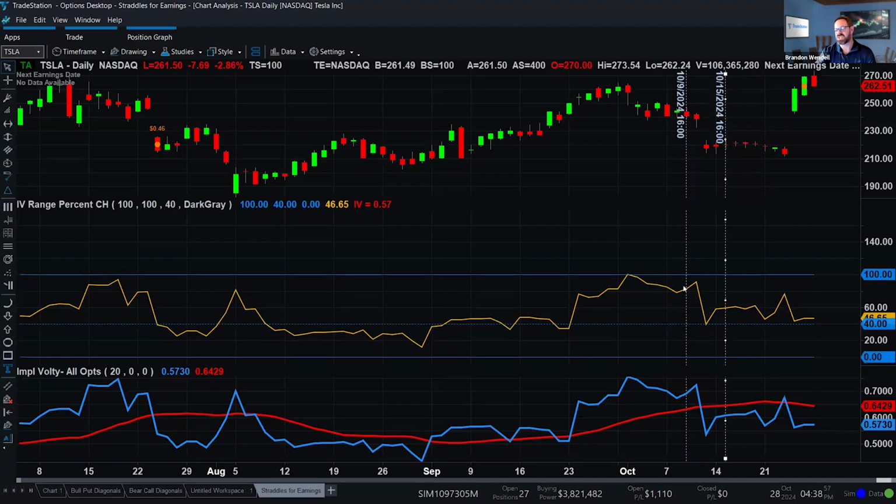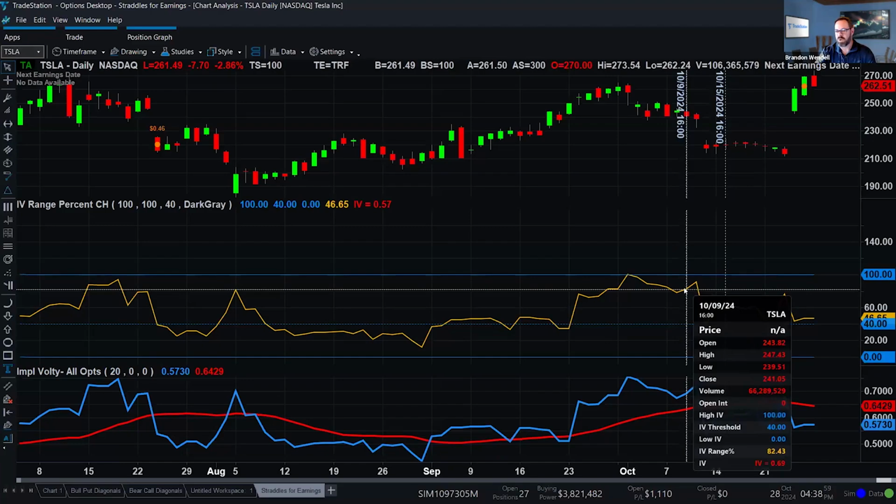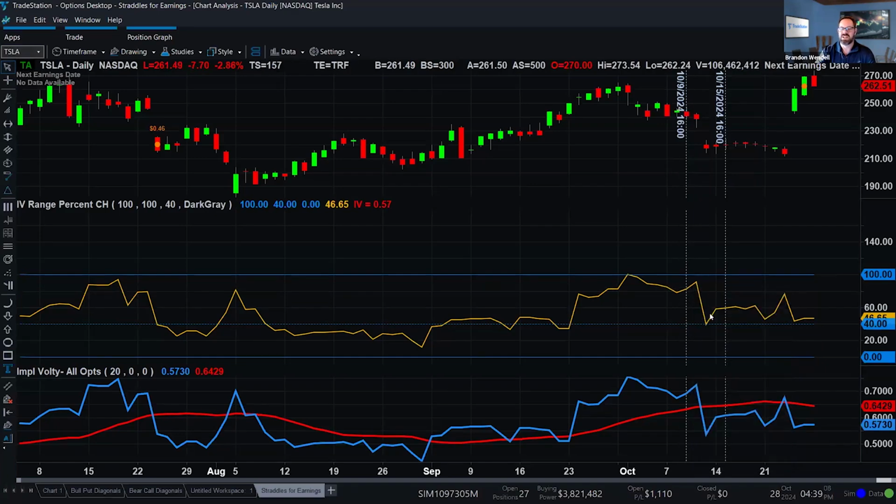It went from section 4, roughly at about 82.43. Oh, that's section 5, the upper section right there. And it dropped into the middle, just under 60, between 40 and 60. And we had above average volatility. It went a little bit higher, but eventually, after those earnings, it came back down.